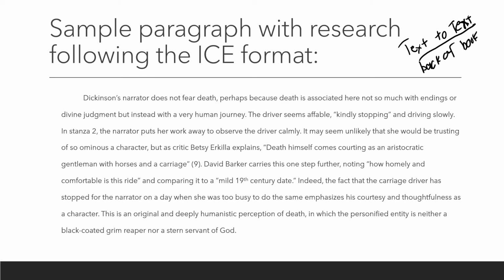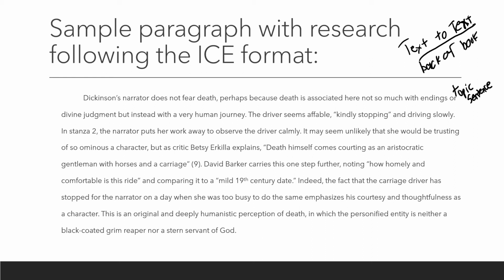Okay, so this is a paragraph that includes research. And let me read the first sentence. Dickinson's narrator does not fear death, perhaps because death is associated here not so much with endings or divine judgment, but instead with a very human journey. So that is her topic sentence of this paragraph.